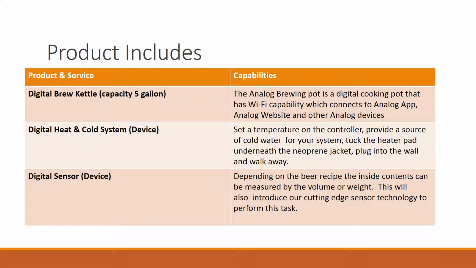So from their phone, they can control the temperature of the kettle, and then a digital sensor. The functionality of the digital sensor is that it tells how much water's in the kettle, and based on the amount of water, what the temperature setting should be.